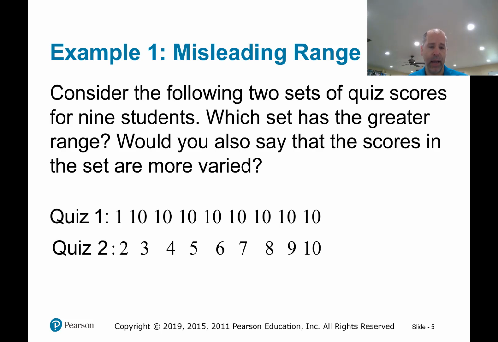So that has a range of 9. And the range of quiz 2 is going to be what? 10 minus 2, which is 8. So quiz 1 has the higher variation. Right? So then the second question says, would you also say the scores in the set are more varied?